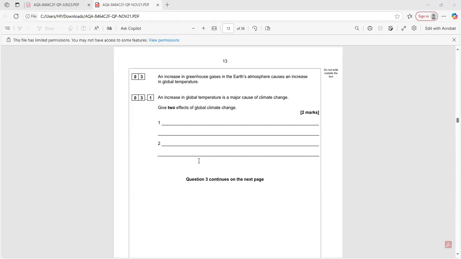Okay, it says an increase in greenhouse gases. Now, can you give me a definition for greenhouse gases? Not that they will ask you, but at least let me see that you have an idea of what a greenhouse gas is.